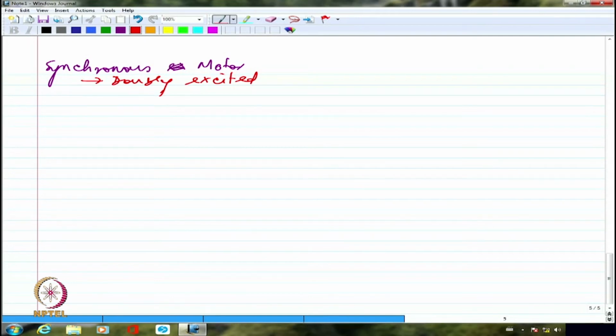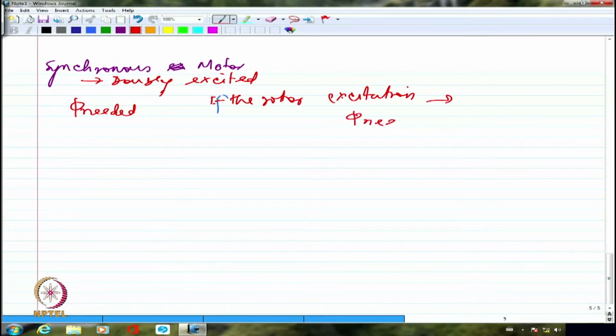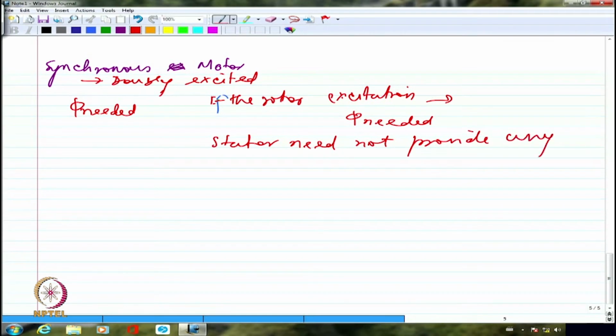So I am looking at it this way. The total flux needed, I will call this phi needed. If the rotor excitation is providing phi needed, then the stator need not provide any component in the air gap flux or in the resultant flux.